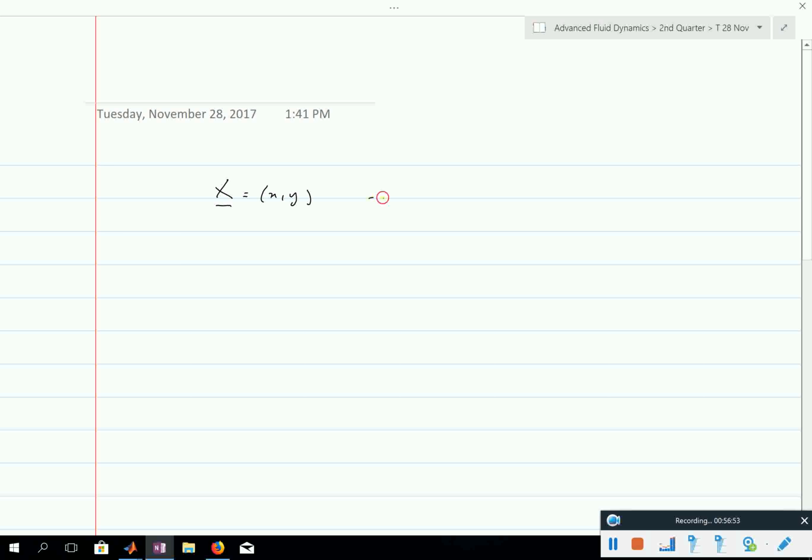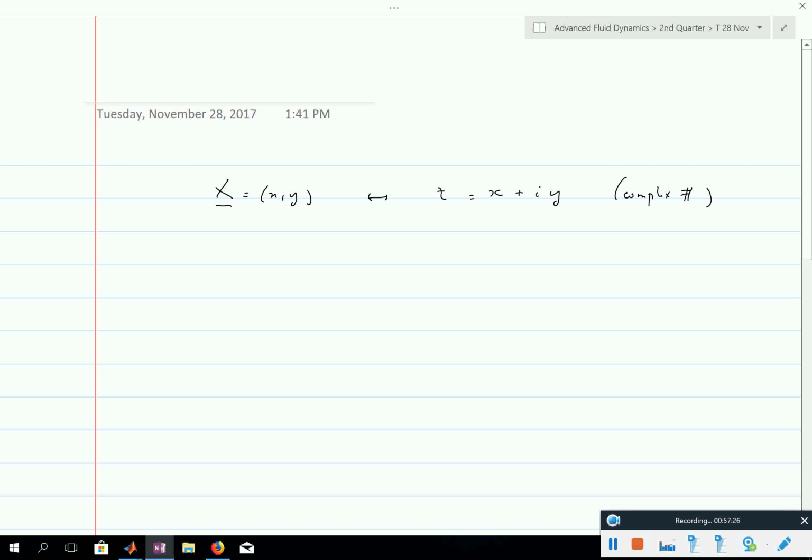We can think about this point as a complex number. I'm always going to call the complex numbers z, where z is equal to x, the real part, plus i times y, the imaginary part.